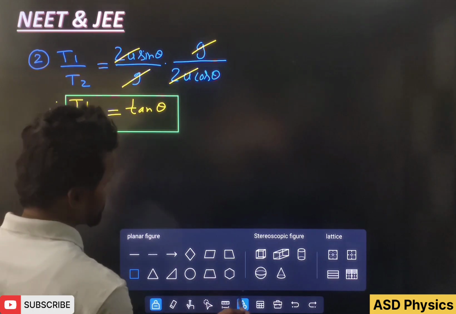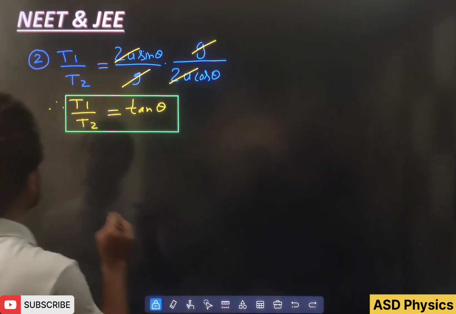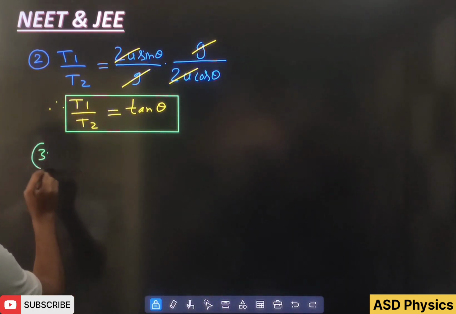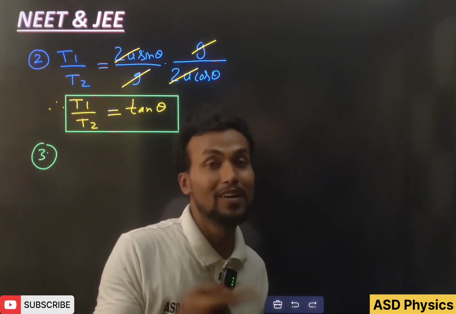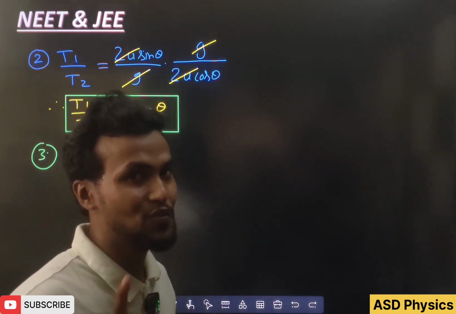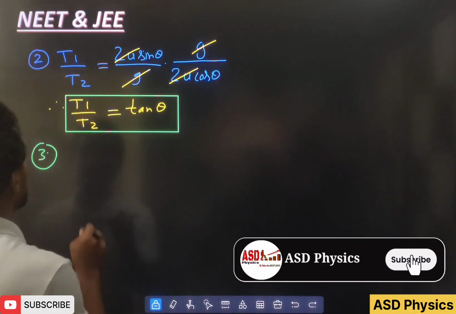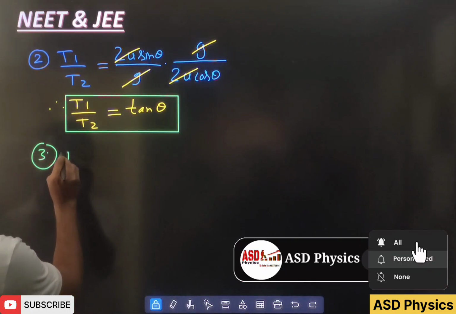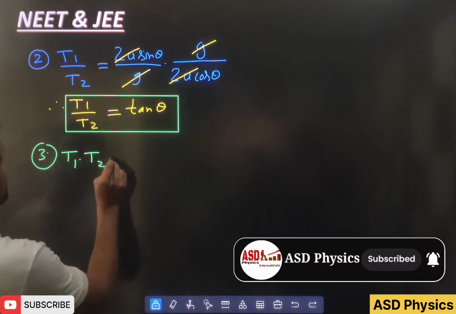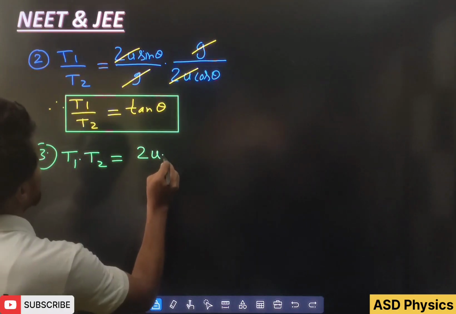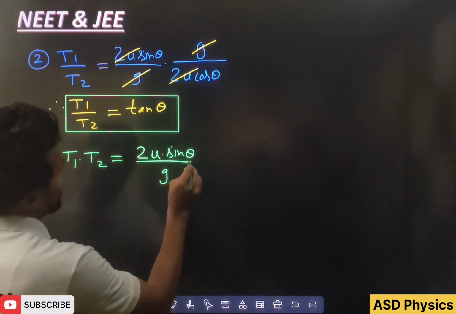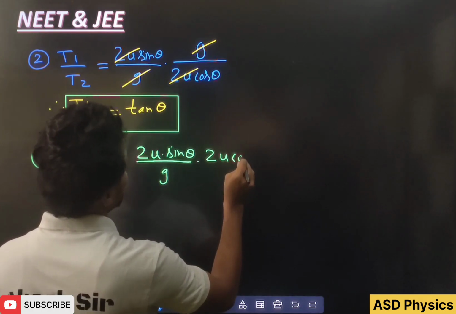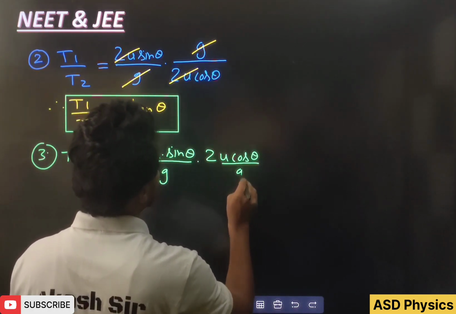Great. Now the last one, very important. Like earlier we multiplied h1 into h2 and got the final relation R equal to 4 root h1 h2, in the same way if I multiply T1 into T2, it will become 2u sine theta by g into 2u cos theta by g.